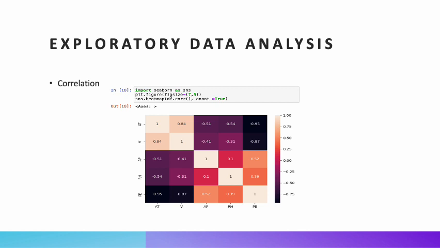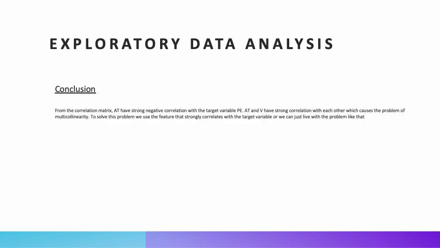And what I observed is that there is a strong correlation between AT and PE, which is the electrical output, although it's a strongly negative correlation, but there's actually correlation, right? And I also observed that there's also a strong correlation between AT and V, right?